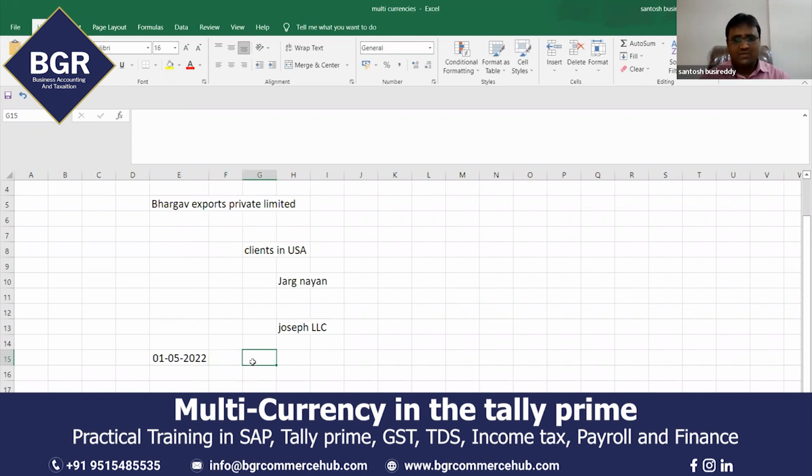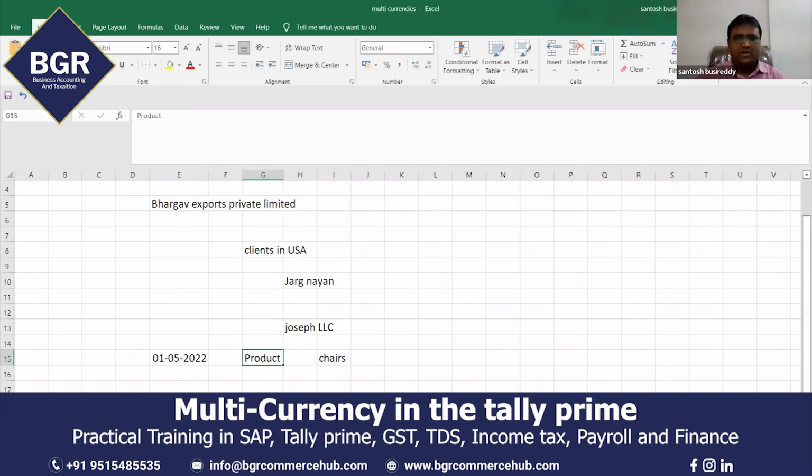Suppose my product is some pharma product, or a simple example: my business is a shades business. I will export Indian shades to the USA. Product is shades. Anything you can take.